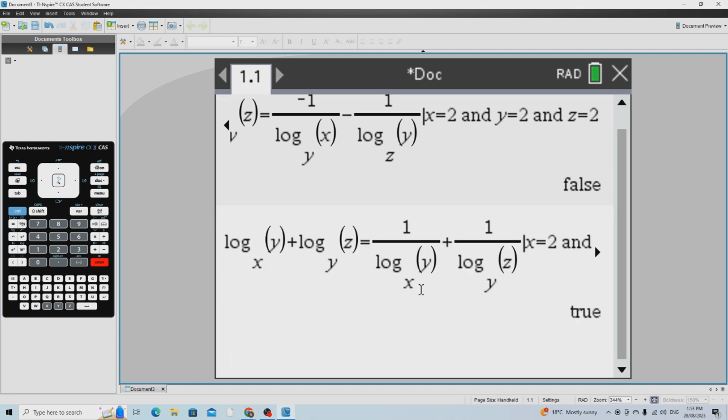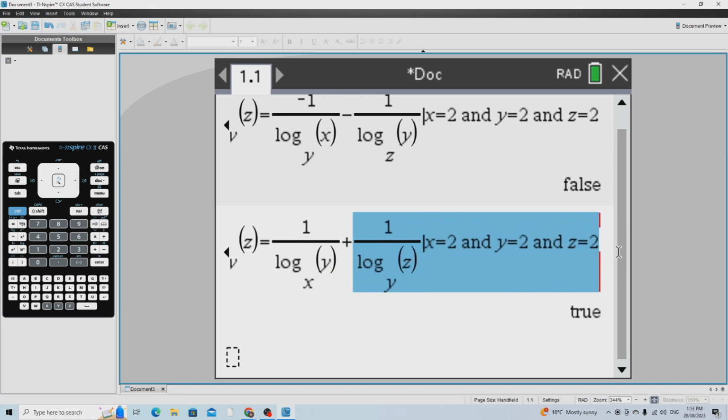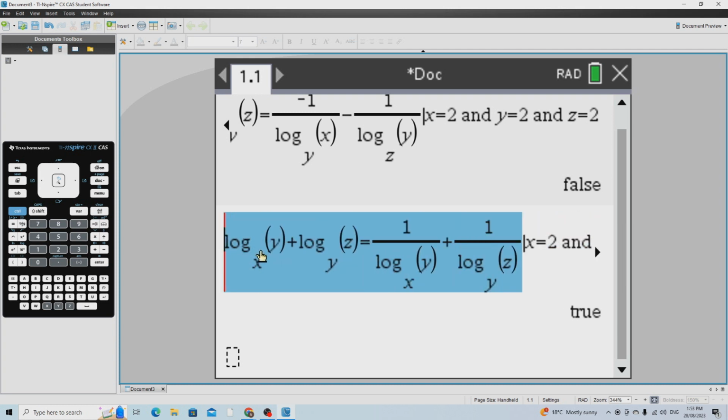Okay, so log, yep, looks good. So log yz is equal to 1 over log xy log yz. Aha, this one looks good. It's fitting the description. That's good. Okay, I mean, I'm just going to put a tick on it. It looks right.